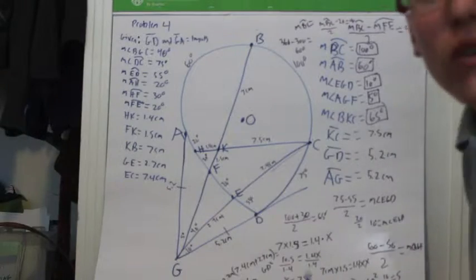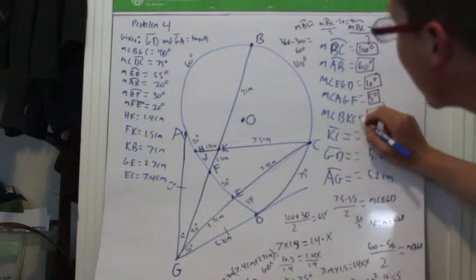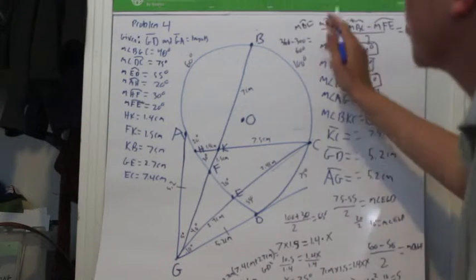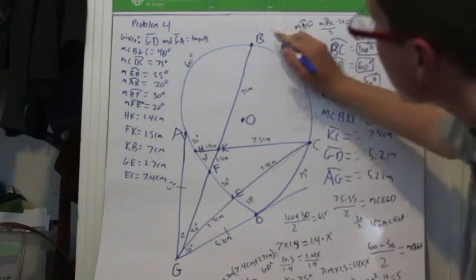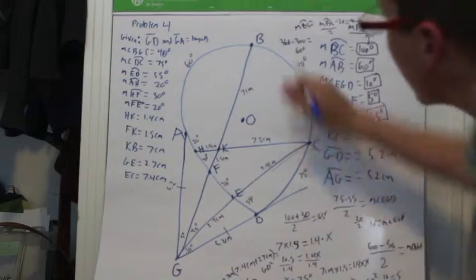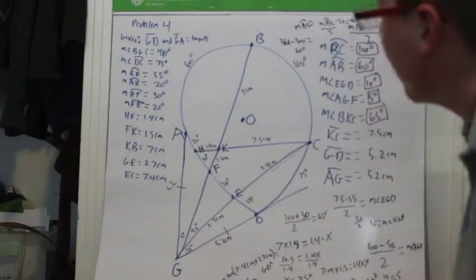Alright, so in order to figure out the measure of angle BKC right here, we need to use a similar method that we used up here, except it slightly differs because this is an intersection within the circle.